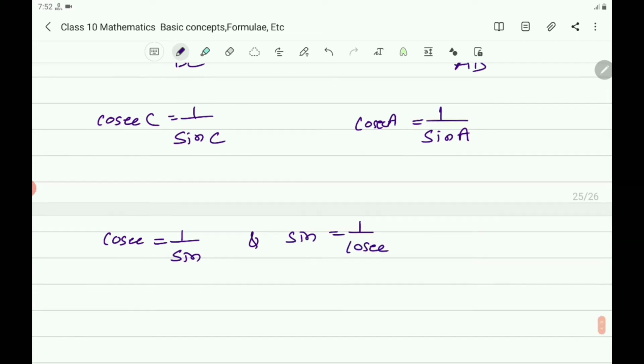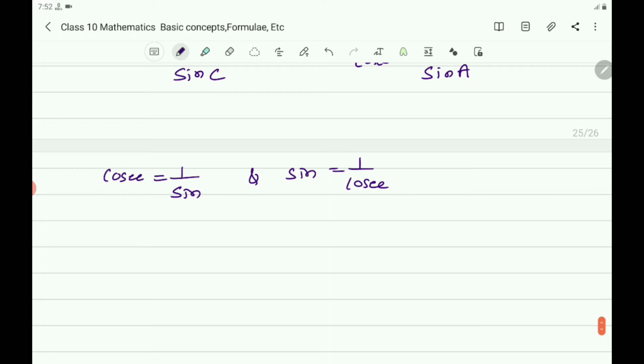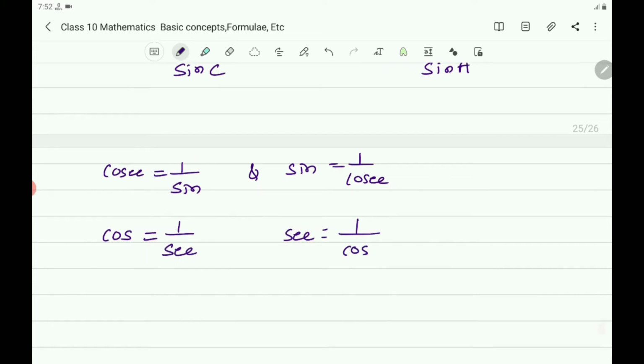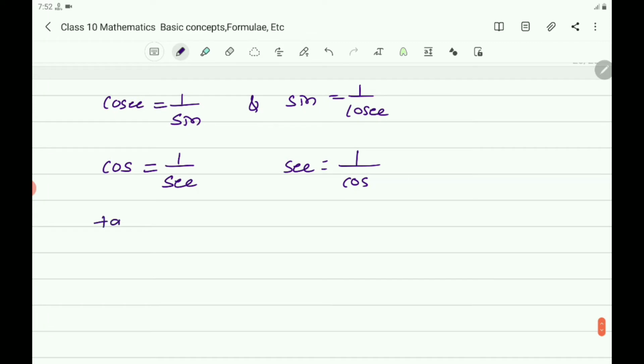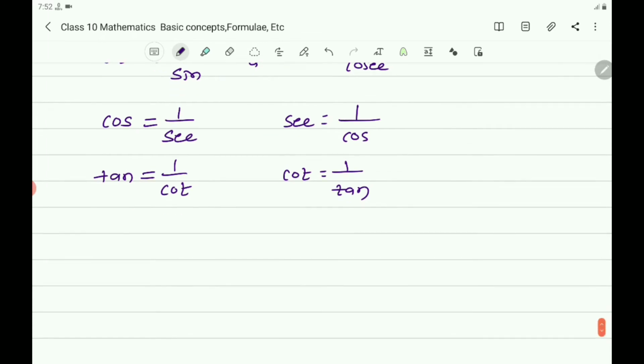You must keep that in your mind. And similarly, cos is 1 by sec, and sec is 1 by cos. Similarly, tan and cot are reciprocals of each other. Tan equals 1 by cot, cot equals 1 by tan. These are all required for the multiple choice questions.